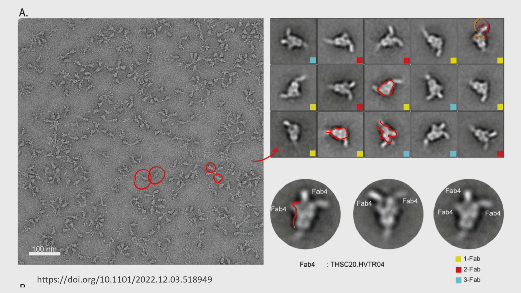So this is basically the overall shape of the spike protein, and not only that, if you go through you can see some antibody density also clearly. In many cases from these 2D averages you can see antibodies binding at the RBD region.